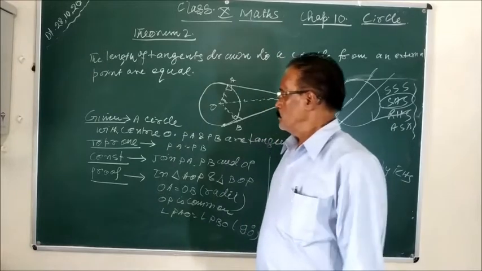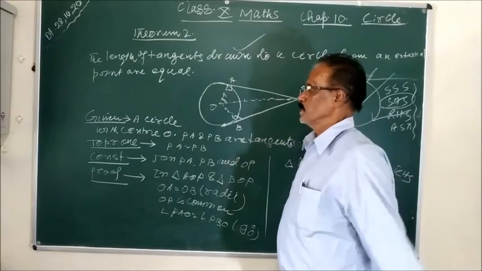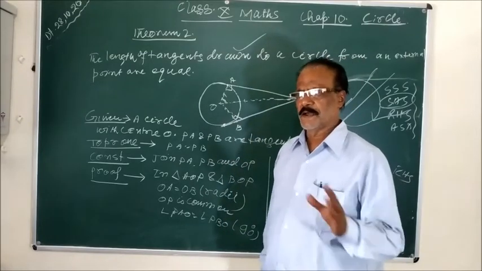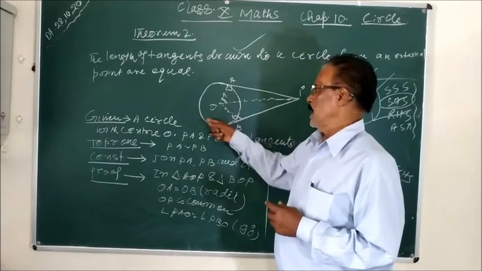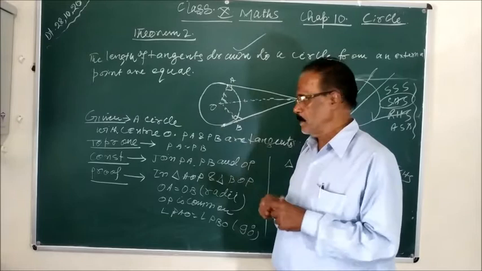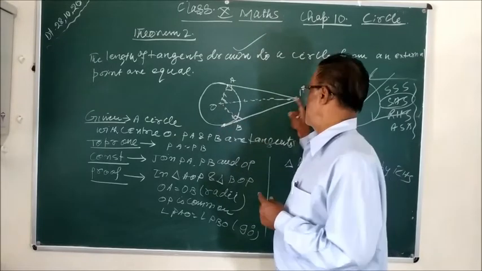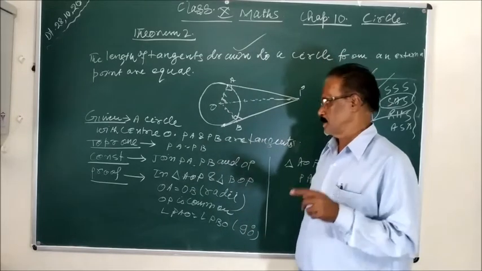What is the theorem? I would like to repeat. This is the statement: tangents drawn to a circle from an external point are equal. This is the figure according to the theorem. This is a circle, O is the center, and P is any exterior point for the circle.